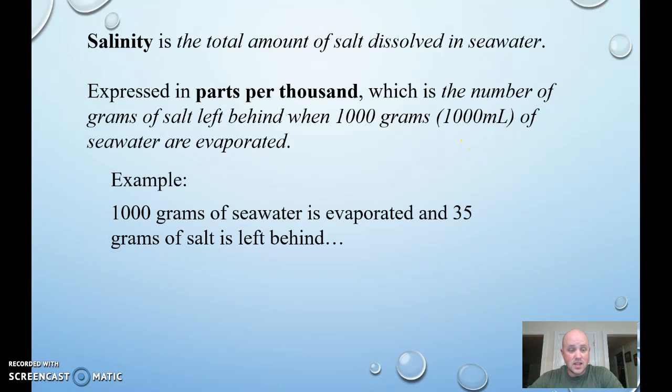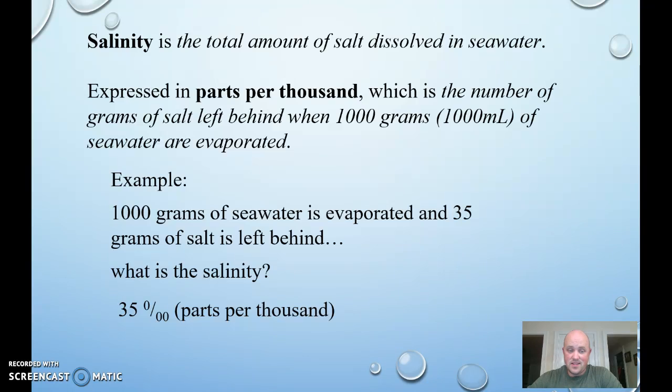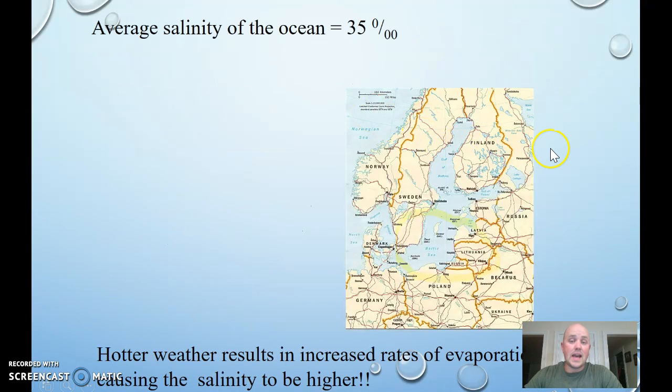Such an example is this. 1,000 milliliters of seawater is evaporated and 35 grams of salt is left behind. What is the salinity? 35 parts per thousand. So the average salinity of the ocean is actually 35 parts per thousand.